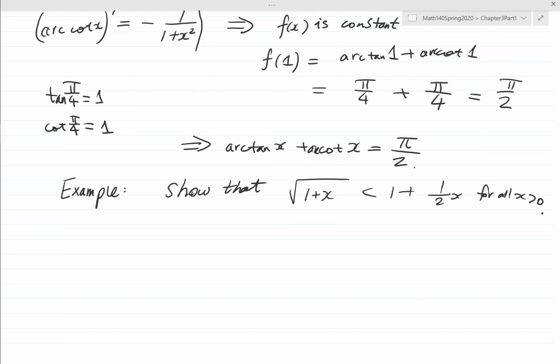Okay, what we do is we use the mean value theorem. Proof.